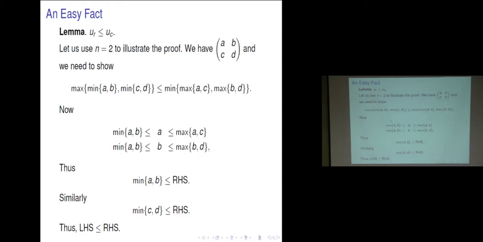If I choose C, D, I can do the same argument. So the minimum of C, D is also less than or equal to the right-hand side. In other words, the right-hand side beats any one of these, so it beats the maximum one too, because it beats both. No matter whether you choose max or min, this one beats everybody. Therefore the right-hand side is bigger than the left-hand side. Okay, so that's the proof.